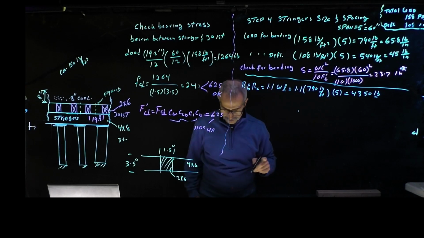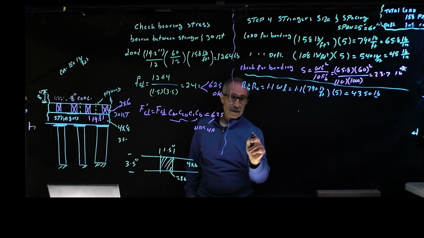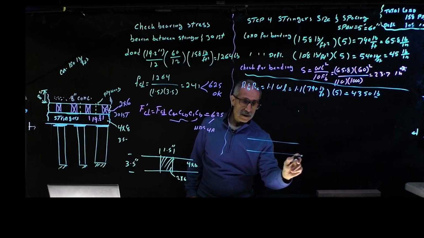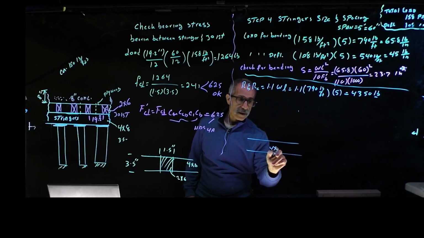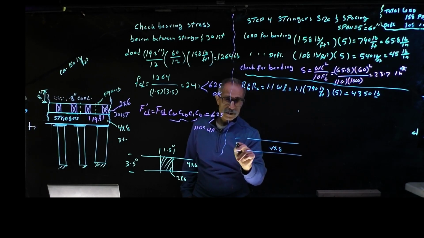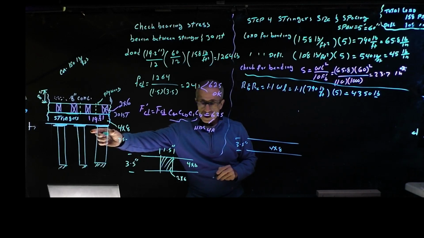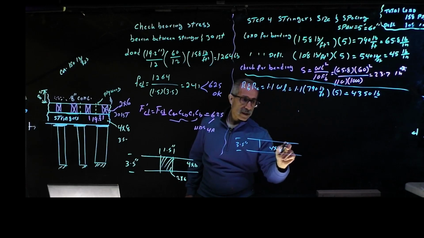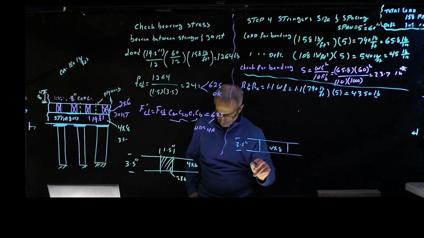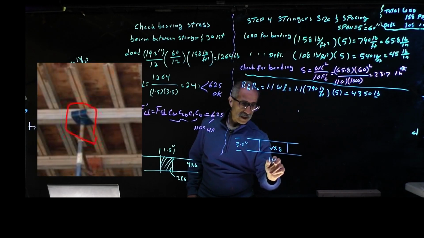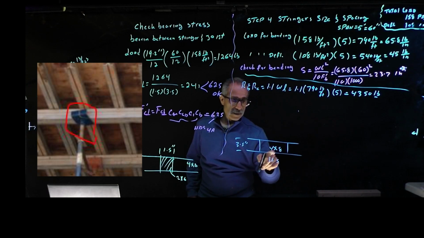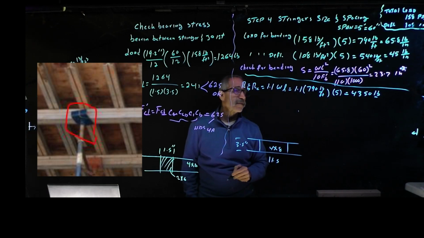The area that it is going to occupy, let's draw this again. This is a 4 by 8, so this is 3.5 inches. And this area that is given is a steel bracket, and they said it's about 11 and a half inches. So now the area is going to be 11.5 by 3.5.